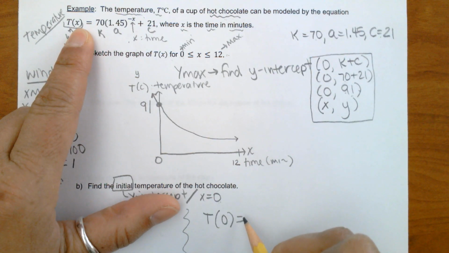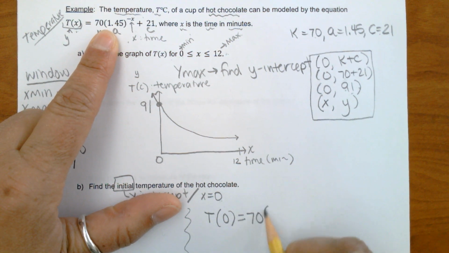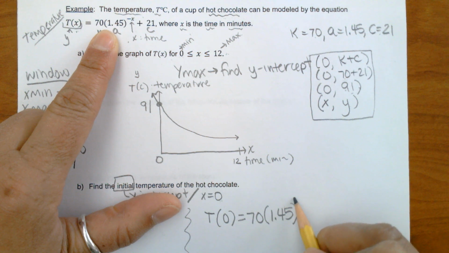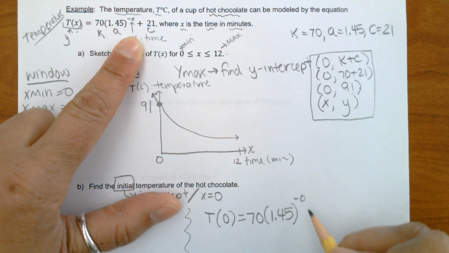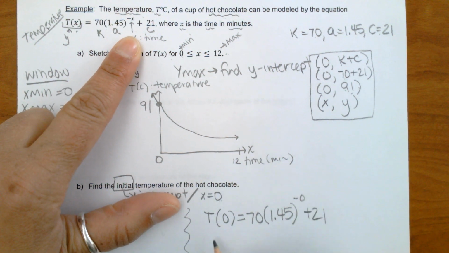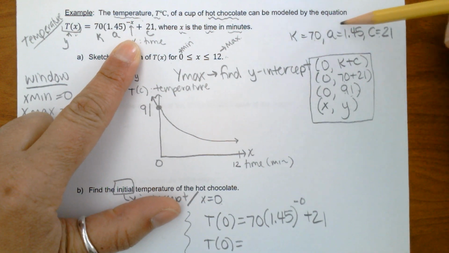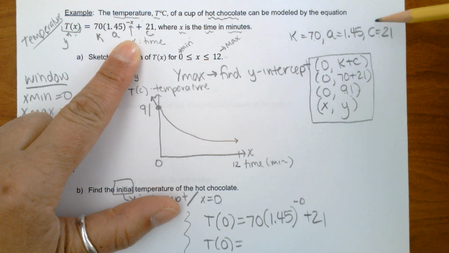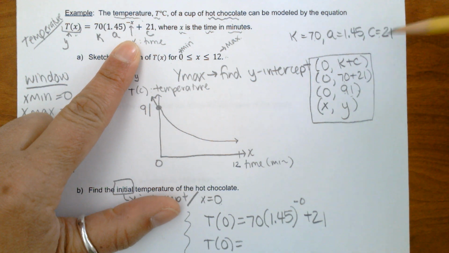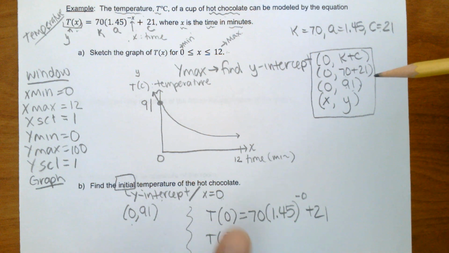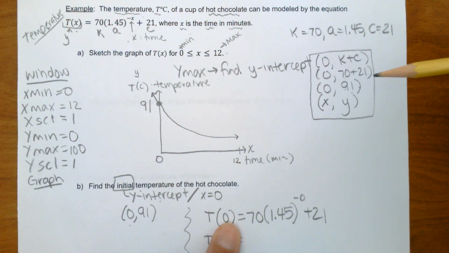So t of 0 equals 70 times 1.45 raised to the negative 0, that could just be 0, plus 21. So even if you forgot how to pull out A, K, A, and C, that's okay. If you see initial, substitute 0 in every single time for x.